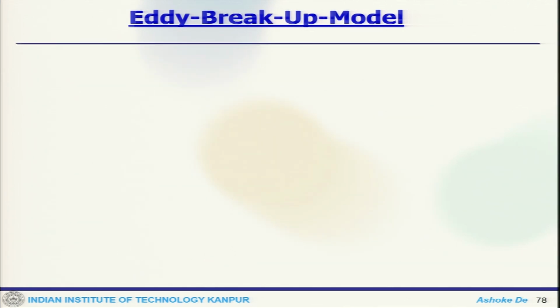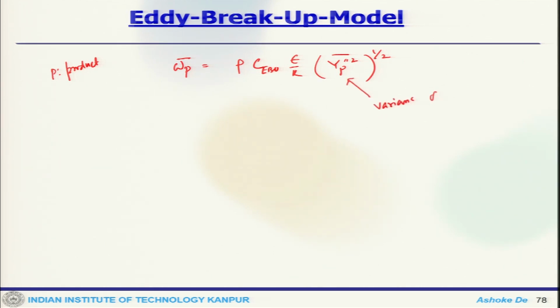Now, if you look at the average reaction source term for a product, let us say P stands for product, then Wp would be rho times the constant of EBU, epsilon by k, times the square root of the fluctuations of Y_P squared. Here this is the variance of the mass fraction of the product, and this is the eddy breakup model constant.